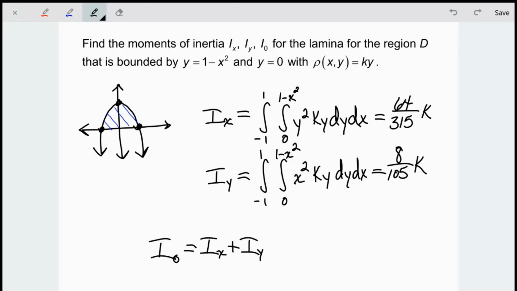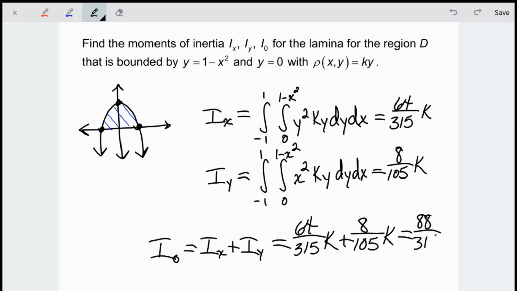So if I went x squared plus y squared, I'm essentially doing the distance squared. So in this case I've got 64 over 315k plus 8 over 105k. And when I add those up, I end up with 88 over 315 times k. So that would be my moment about the origin.